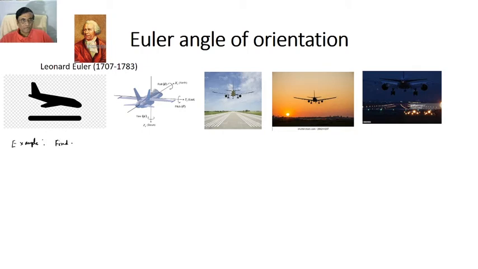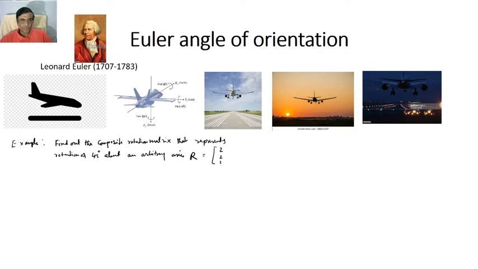Find out the composite rotation matrix that represents rotation of, say, a 45-degree angle about an arbitrary axis R, say, which is equal to (2, 2, 2).